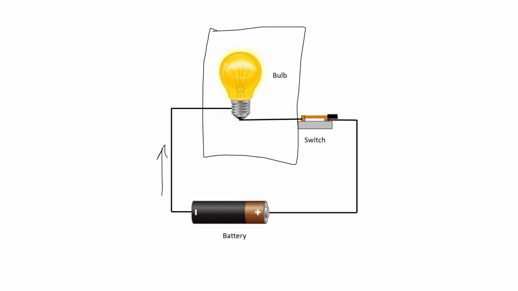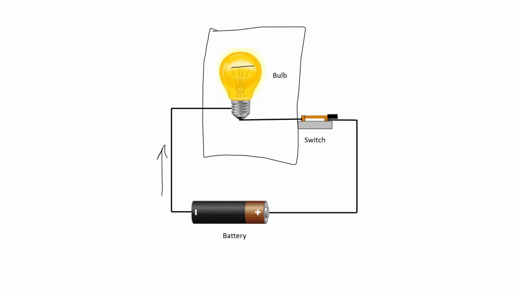Since the bulb is part of the circuit, as the electrons flow through the bulb, they find this part of the filament, which is basically resisting a lot of electrons from passing.